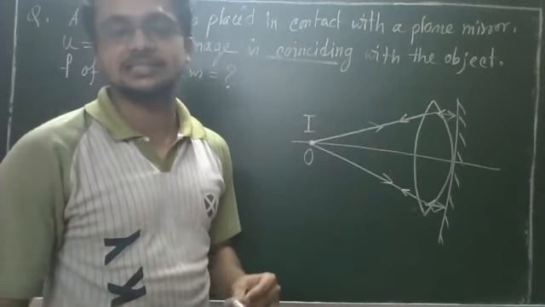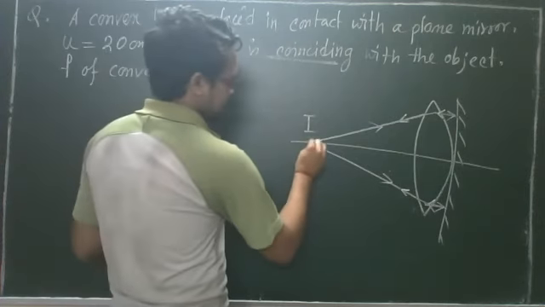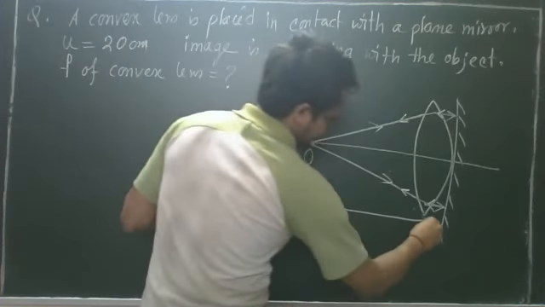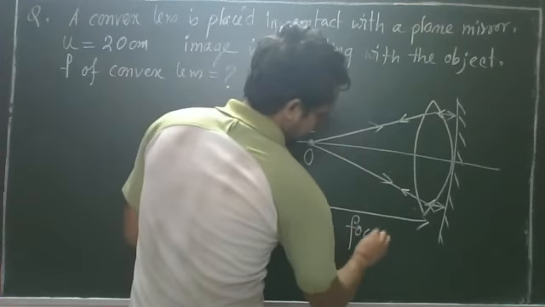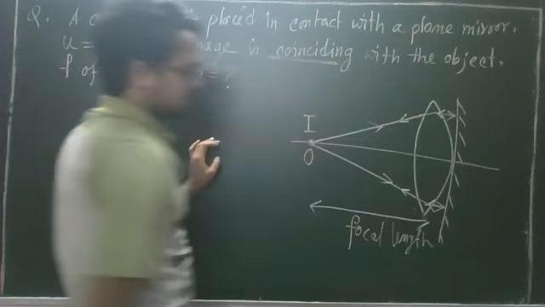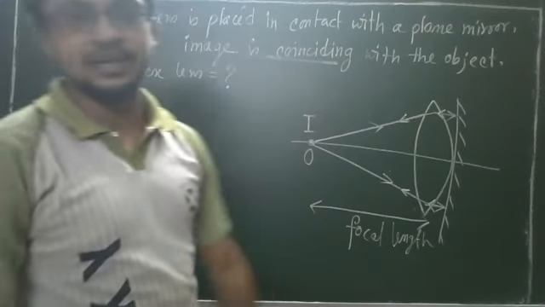Object is placed at focus. If object is placed at focus, then image is formed at infinity, right?